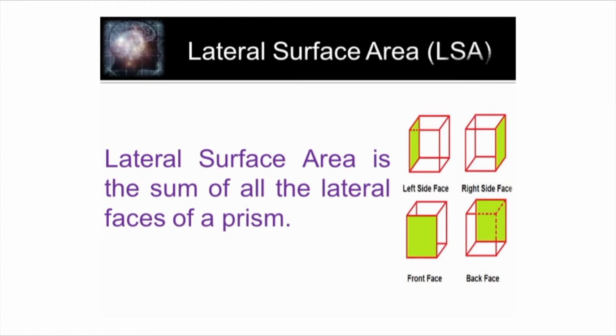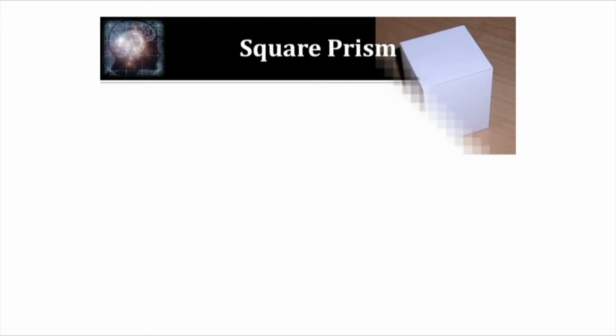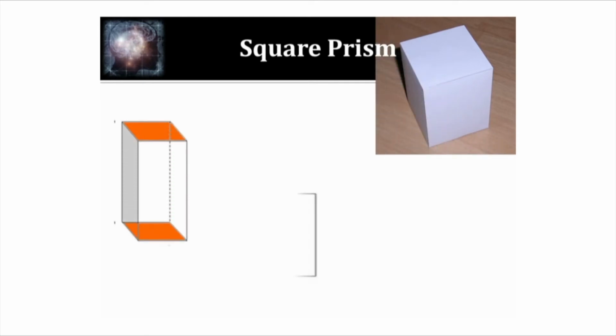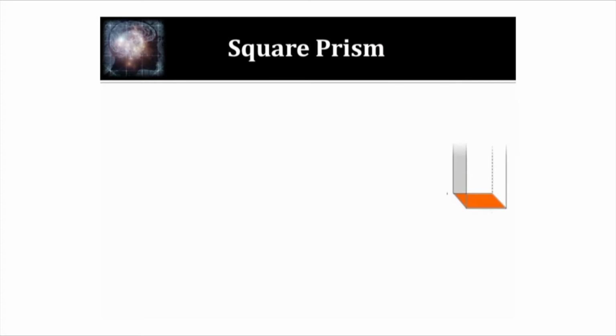Let's first find out the LSA of a square prism. A square prism has 2 square bases and 4 lateral rectangles. Since the shape of the base of a square prism is square, all the sides will be the same.